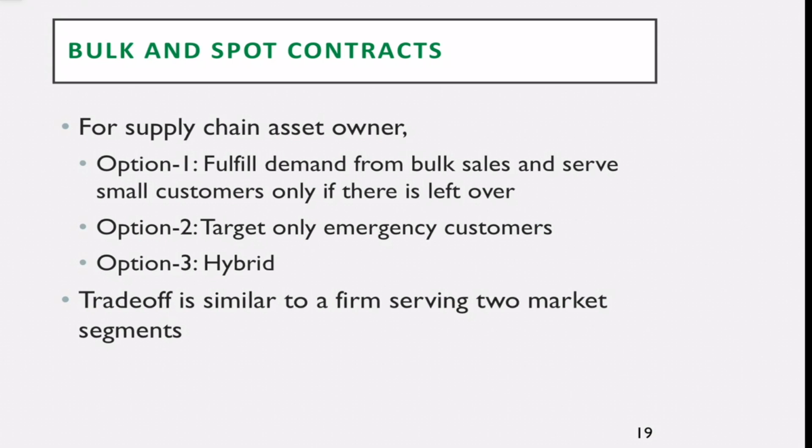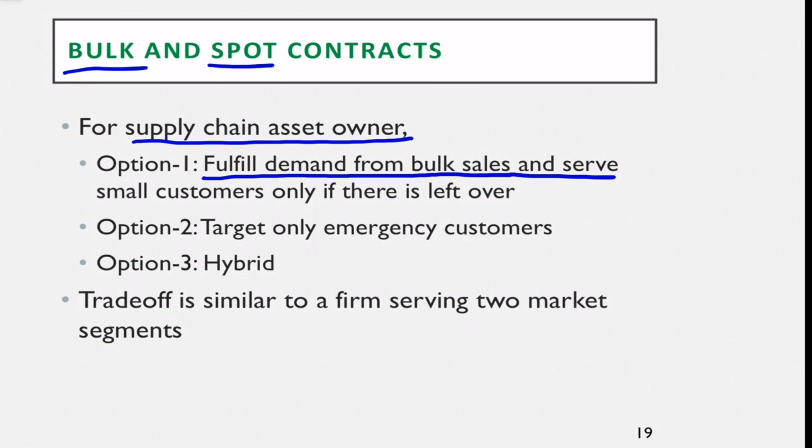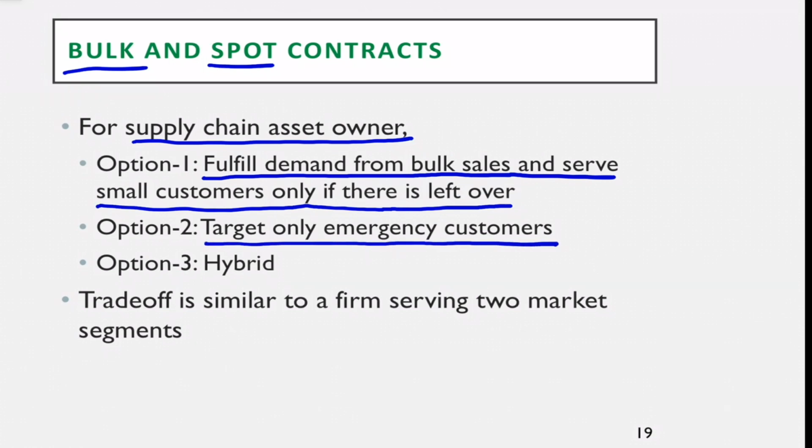Finally, we look at pricing and revenue management for bulk and spot contracts. Any supply chain asset owner generally has 3 options. One is to fulfill demand from bulk sales and serve small customers only if there is anything left. The second option is a business may target only emergency customers, from whom they can charge more.